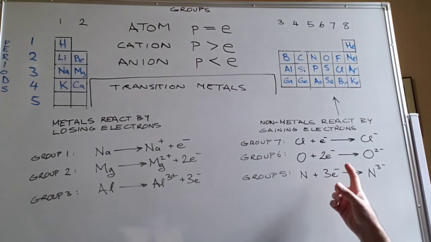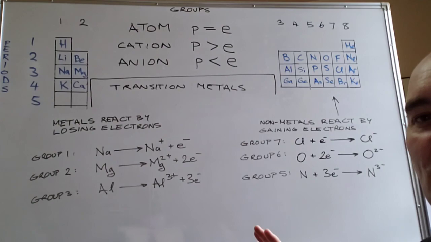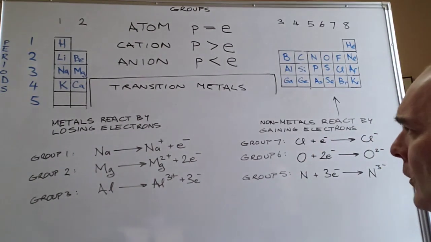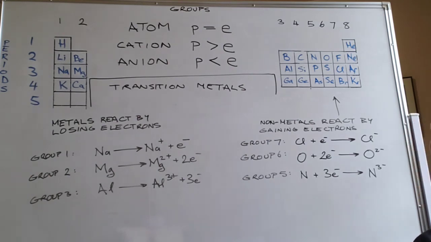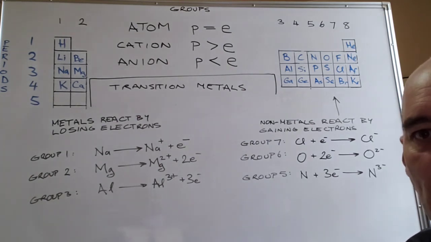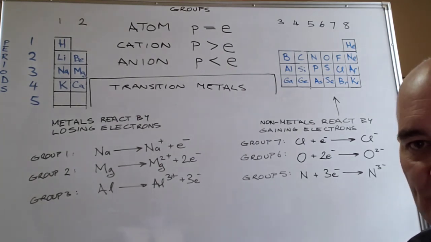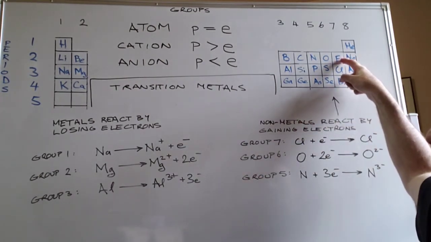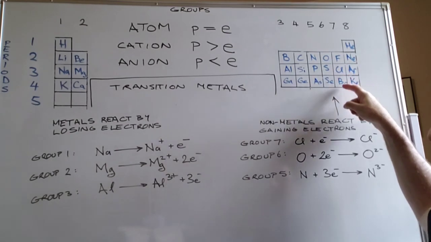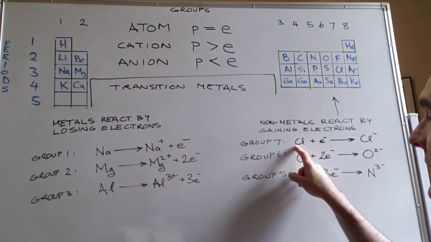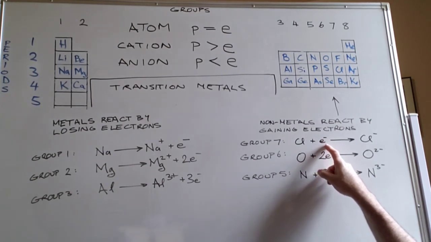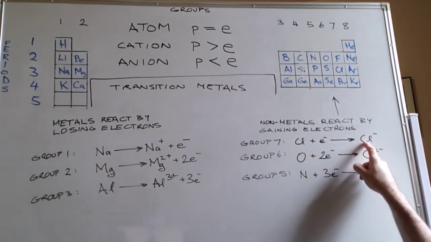Now, non-metals do completely the opposite of what metals do. Non-metals react by gaining electrons in a process called reduction. And if I'm in group 7, here where fluorine, chlorine, and bromine are, the atoms in group 7 gain 1 electron and become negatively charged ions.